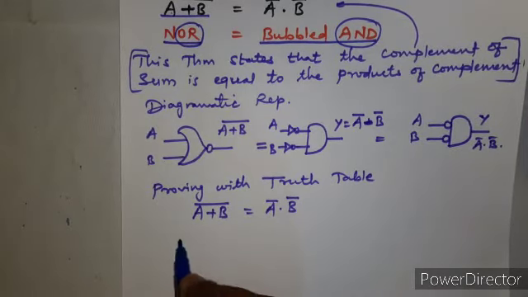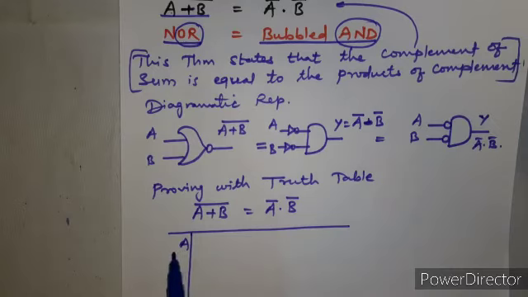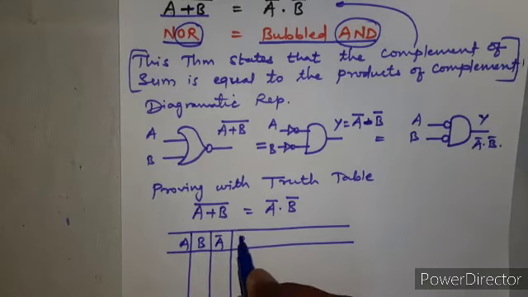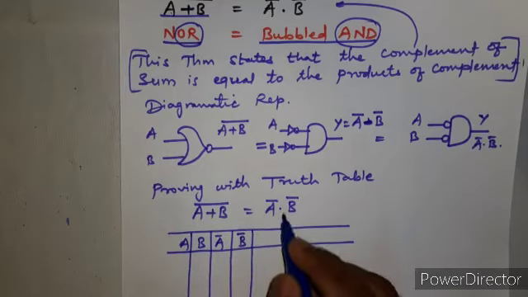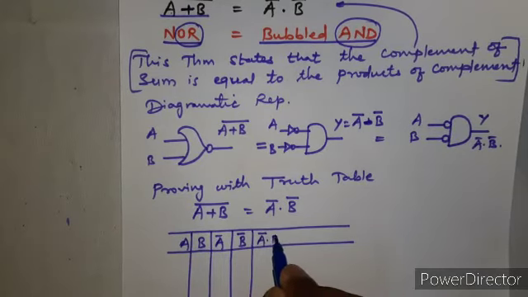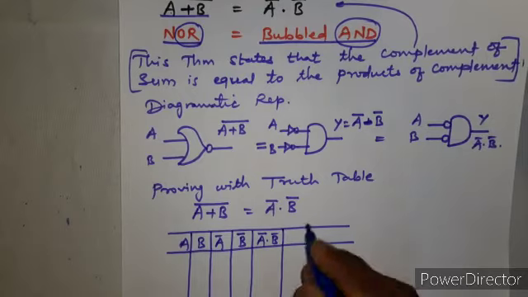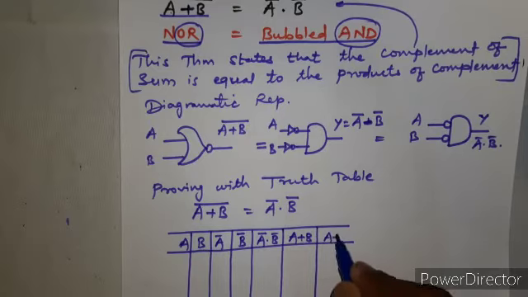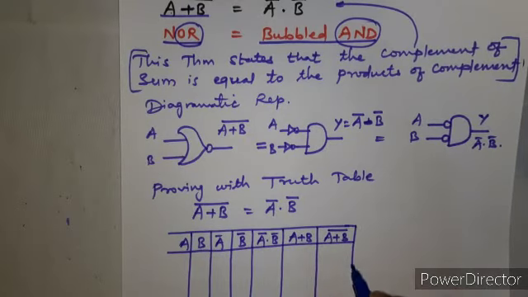So first we have A, then B, then we have A bar, B bar, and this A bar dot B bar, then we have A plus B, and then A plus B whole bar, right?